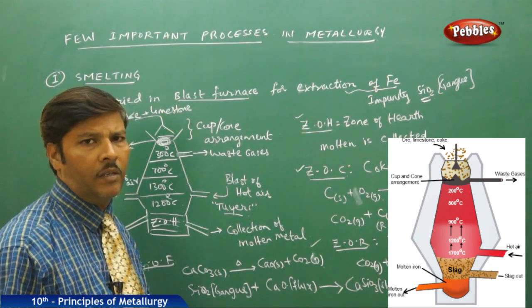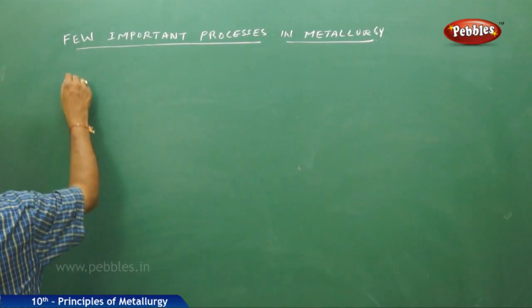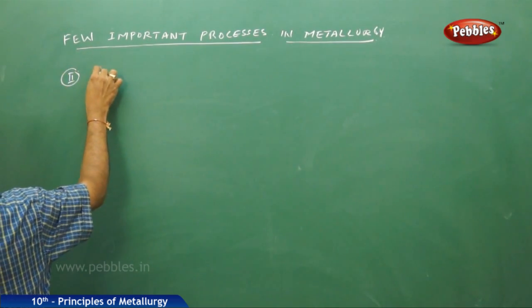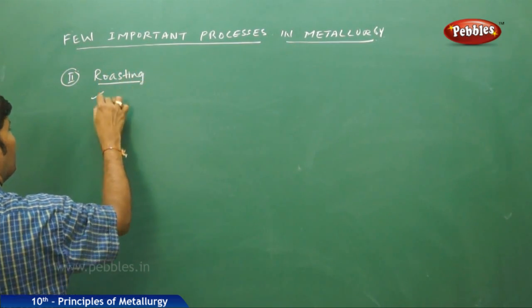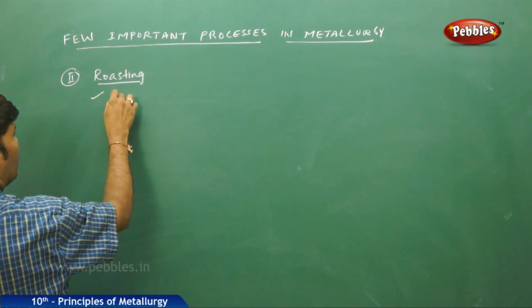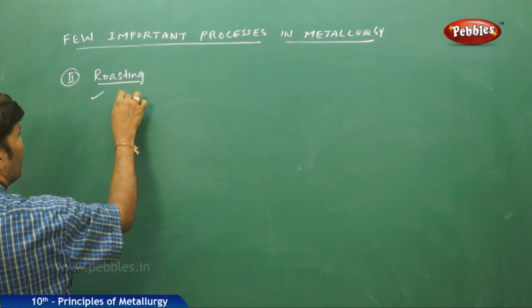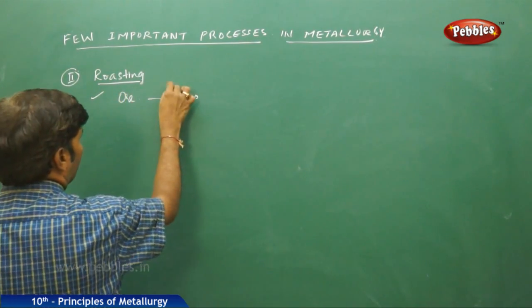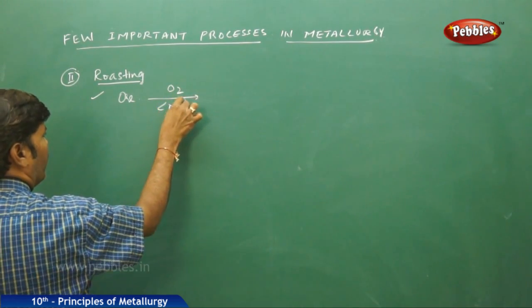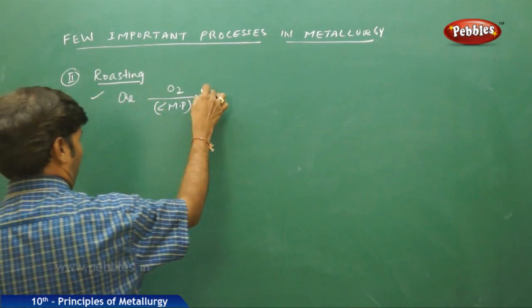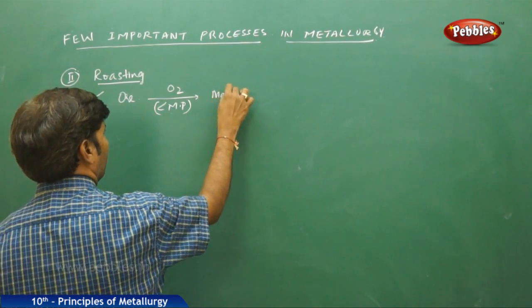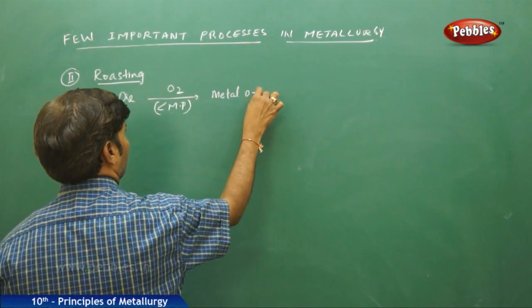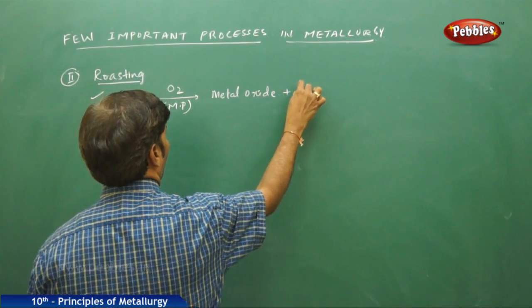So if you go for the second metallurgical process, that is roasting. Roasting is heating the mineral ore. Ore is heated in the presence of oxygen below its melting point to give the metal oxide and byproduct.